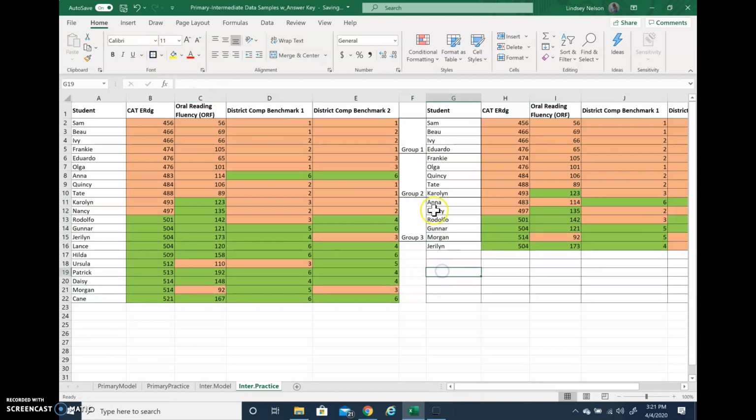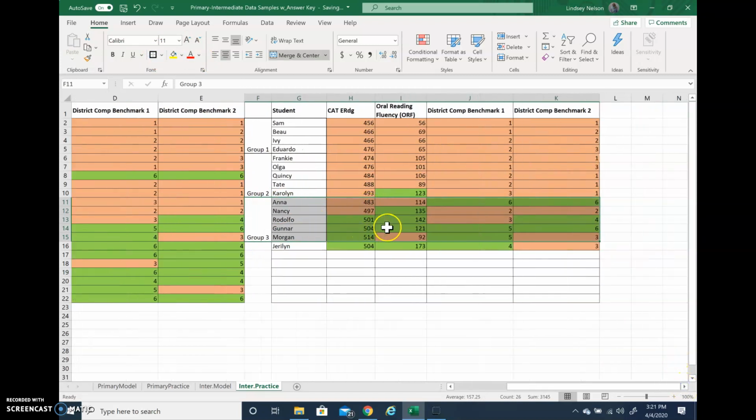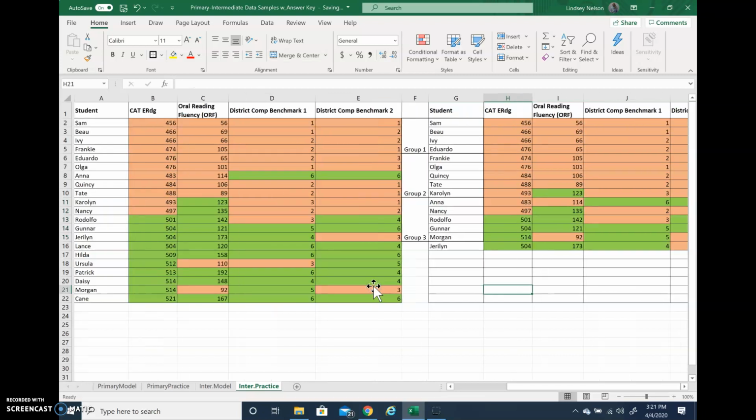All right, so now I've got my third group formed, and as I look at them, it seems to be a closer fit than having kept Geraldine up in that group.